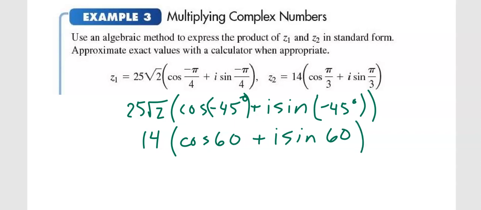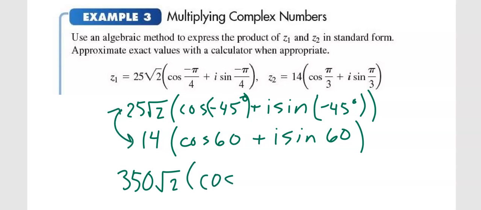Use an algebraic method to express the product of z1 and z2 in standard form. Okay, so 25 radical 2 times 14 is going to be 350 radical 2. All I'm doing is multiplying these two things together. And then we add the angles, negative 45 and 60. Negative 45 and 60 add up to 15 degrees.